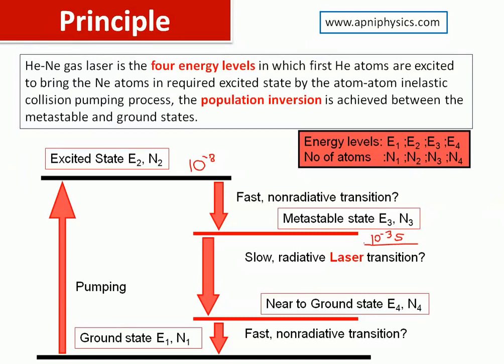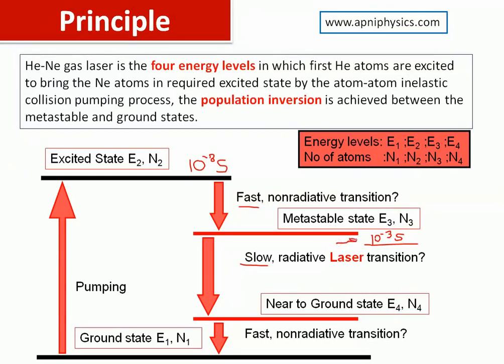Now, the question about fast transition or slow transition. In a fast transition, the lifetime is very small. This is 10 raised to the power minus 8 seconds as compared to the metastable state, which is about 10 raised to the power minus 3 seconds.